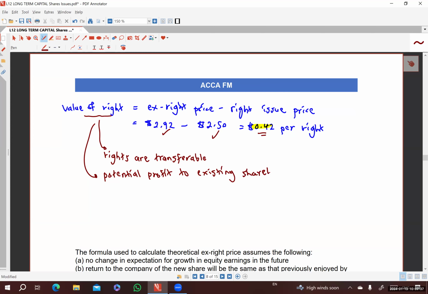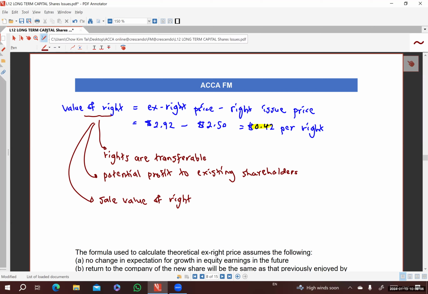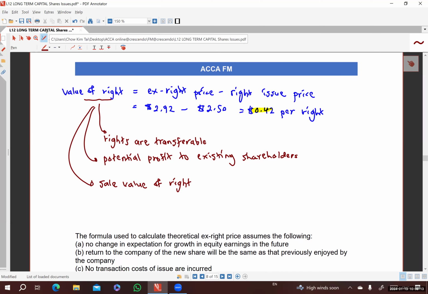If I transfer my right to another person, that person will make this profit, but that is my profit, so I can sell him my rights for this profit. So this 42 cents is the sales value. If you don't use your right, you can sell it for 42 cents in theory. Of course, the actual price depends on supply and demand.